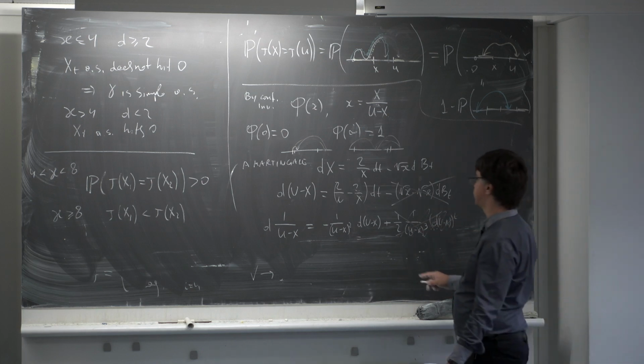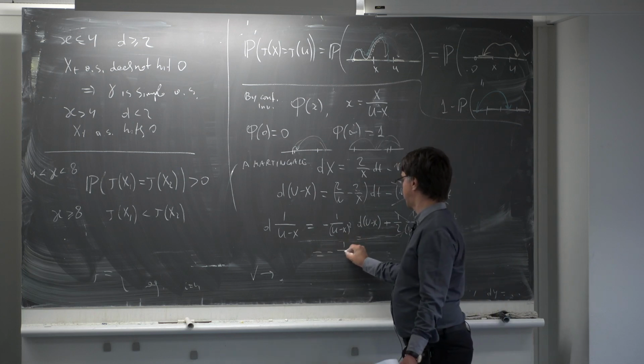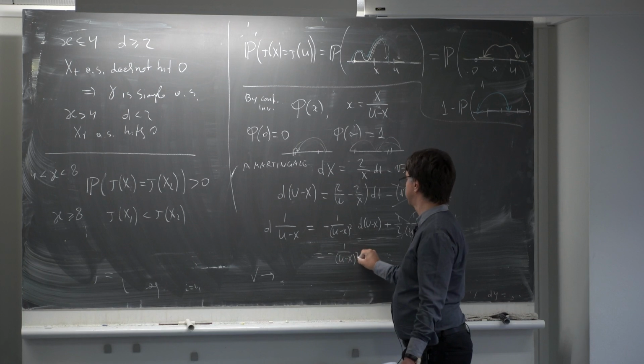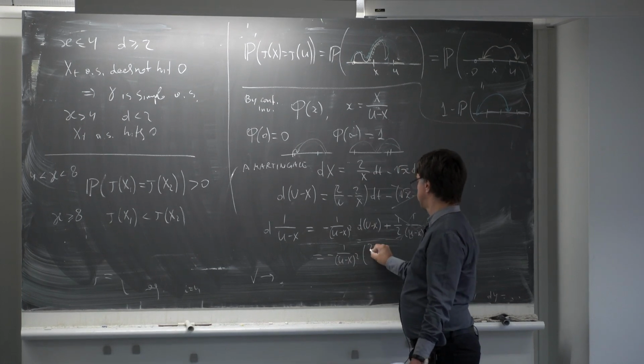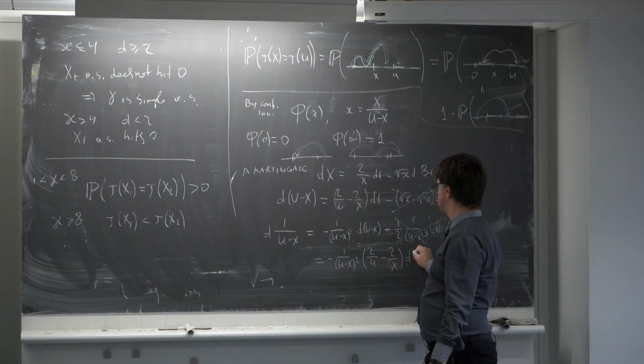So it's just minus 1 over (u minus x) squared times d(u minus x), which is 2 over u minus 2 over x dt.